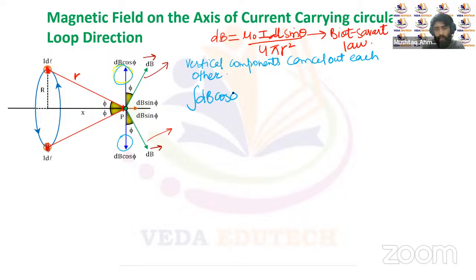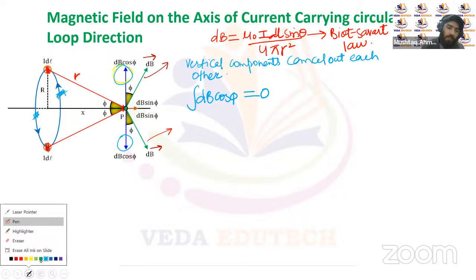is equal to 0, because the cosine component of each and every element vanishes. If we choose an element here, its cos component will be cancelled out by the cos component of this element.